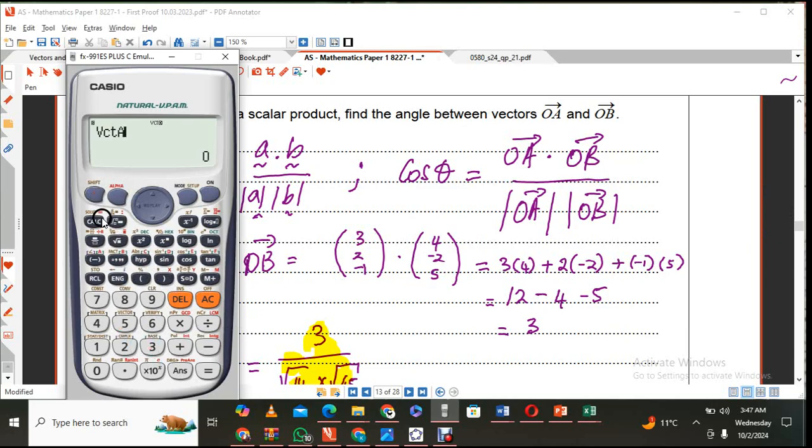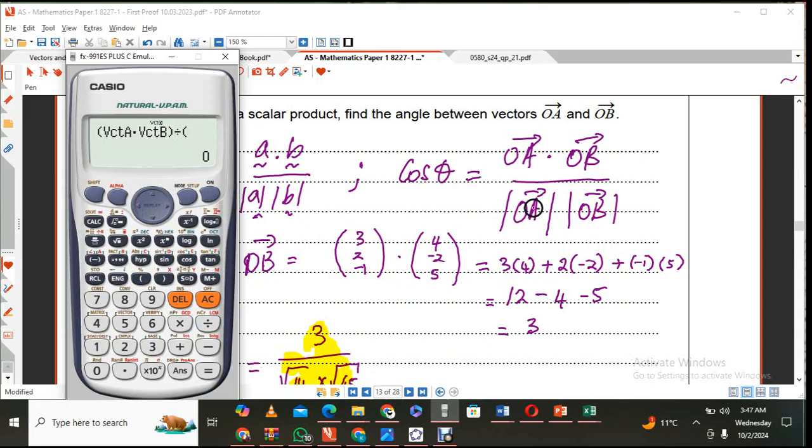Then shift again, go back there. You see that 7 for dot product. So press 7, dotted, shift again, and vector B was represented by 4. Let me just put the stuff in brackets because I'm not done, since I still have to divide that by the denominator. So I'm going to again open a bracket.